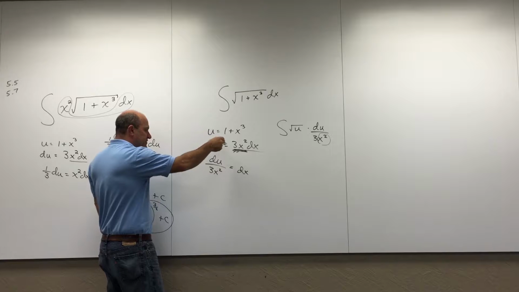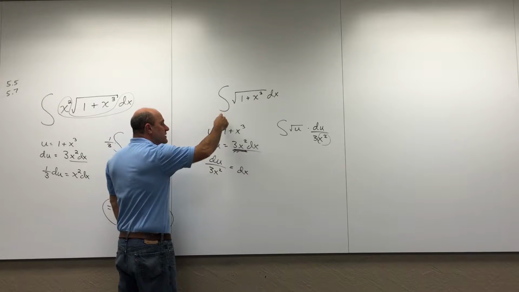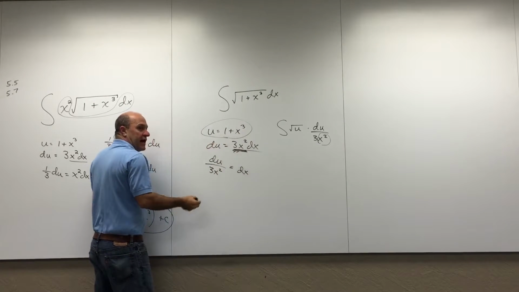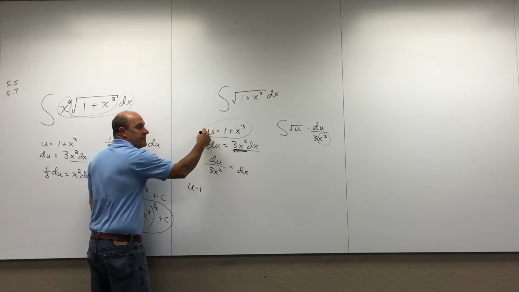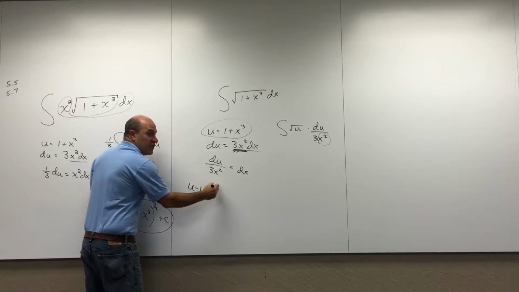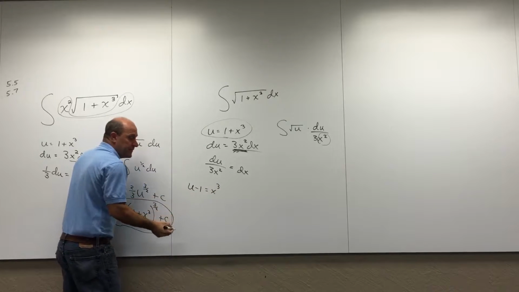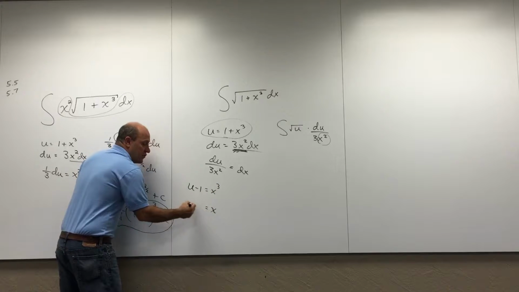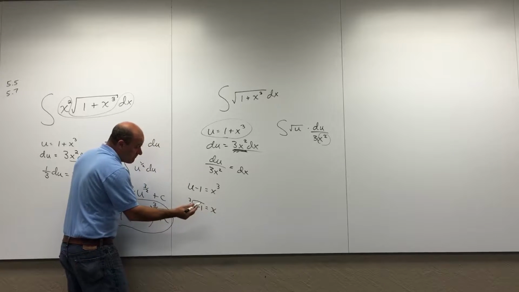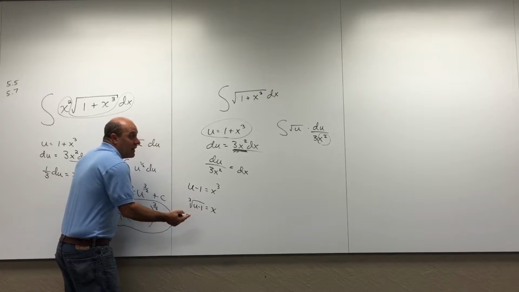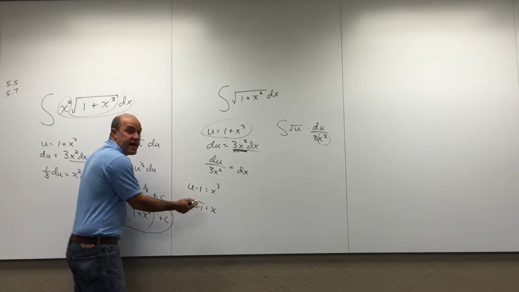Is there any place I could solve for x? Maybe right here. What if you subtract 1? U minus 1 is x cubed, and then x would be the cube root of u minus 1. So now I know what x is. I can replace x now.